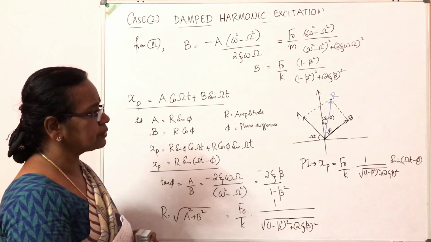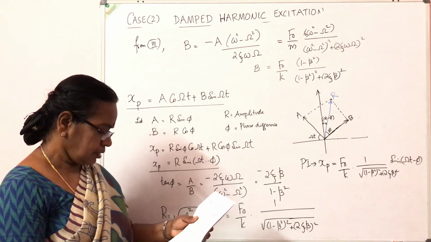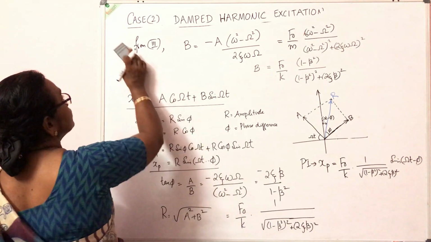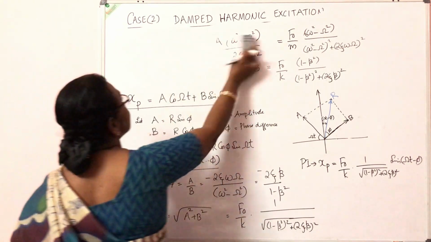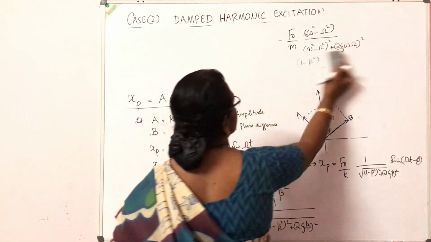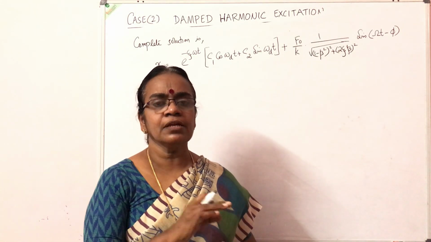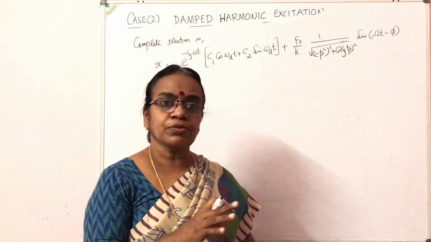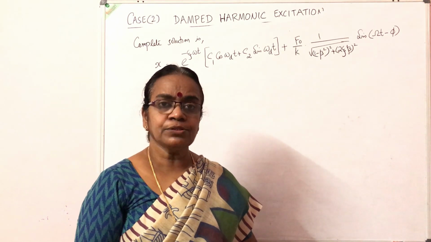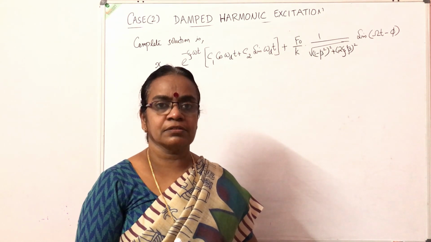Now we can combine the particular integral and the complementary function together and write down the equation of motion, or the displacement response, of damped harmonic excitation. So we have seen how to write the particular integral in terms of the amplitude of the exciting source R and the phase difference phi.